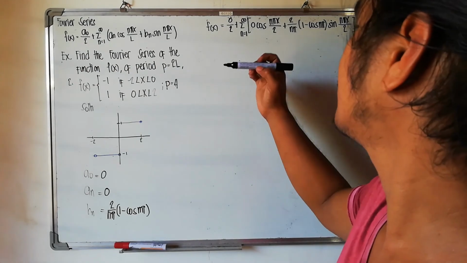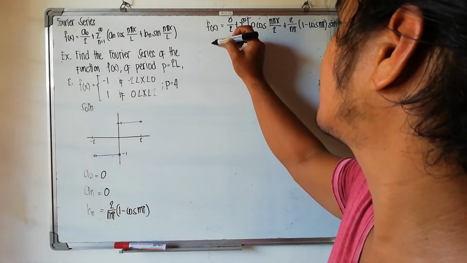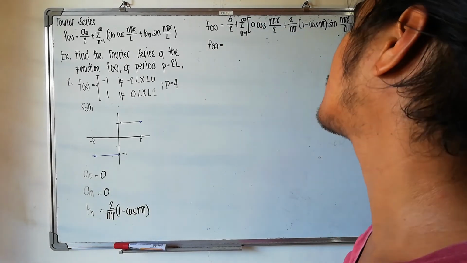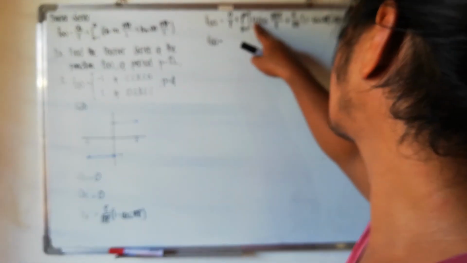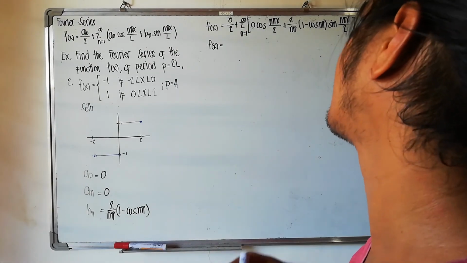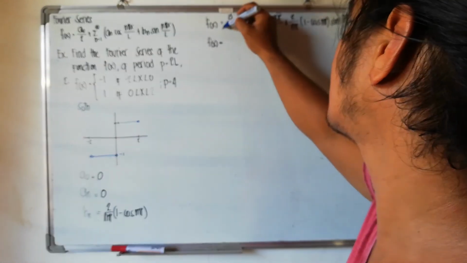To simplify your function, so you have your f of x is equal to 0 divided by 2, so that will be equal to 0. Your cosine, 0 times a number, so 0 times cosine, so this will be 0. This would be also 0.